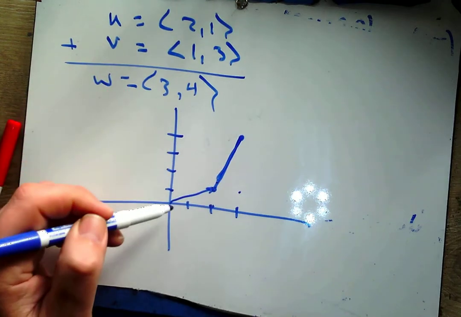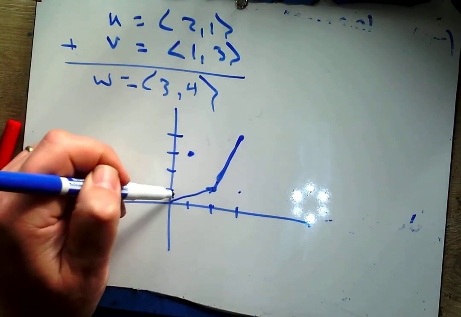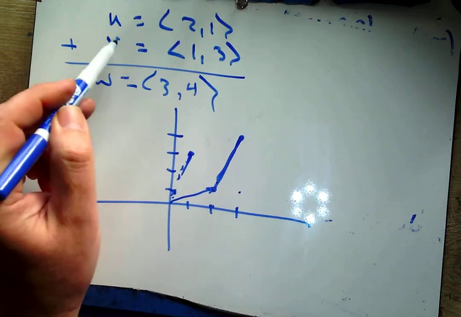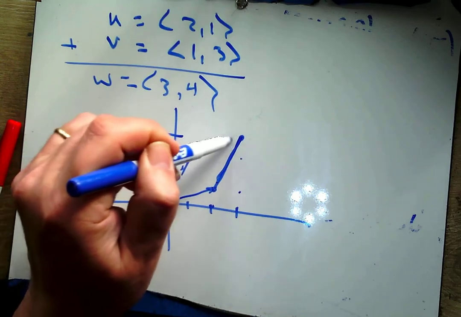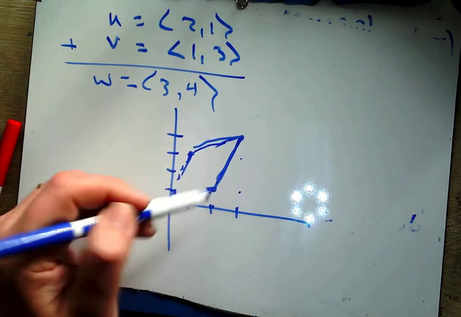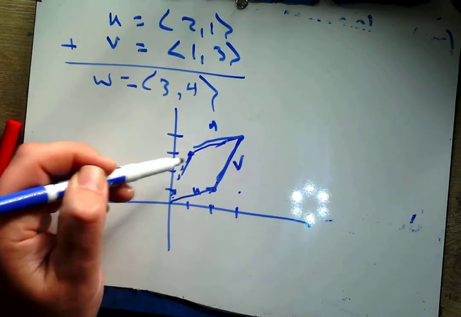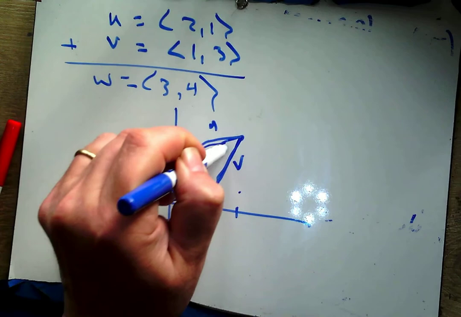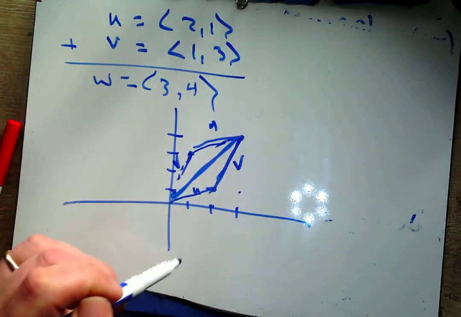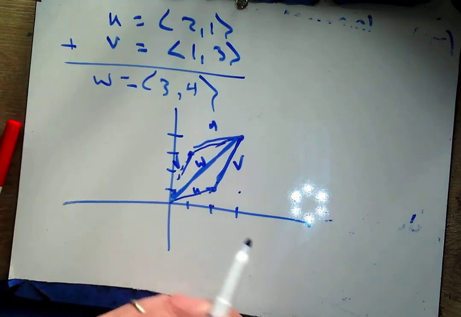Remember, I could also draw V, go over 1 and up 3, and then draw U, go over 2 more and up 1. So this is U, this is V, and W is that resultant vector. Wow, that's all I had to do for 1.